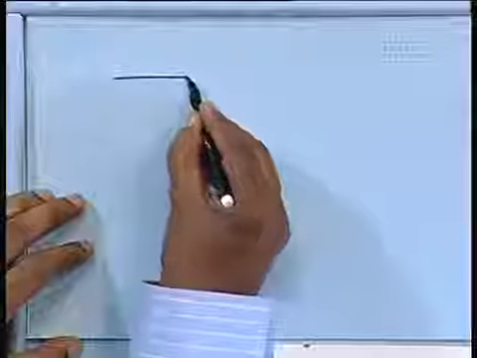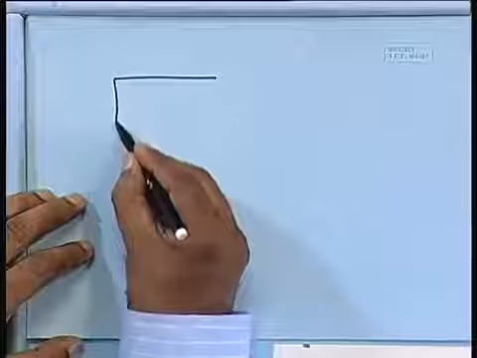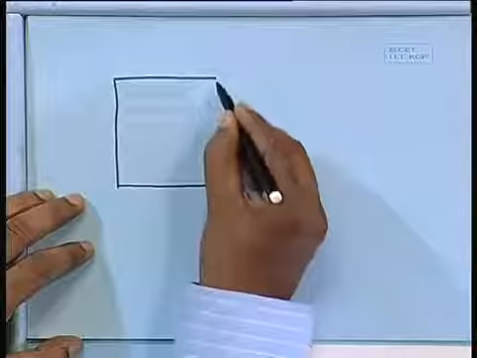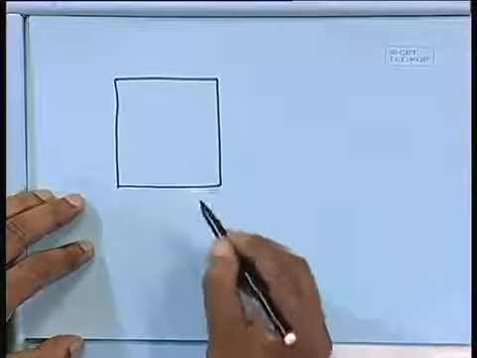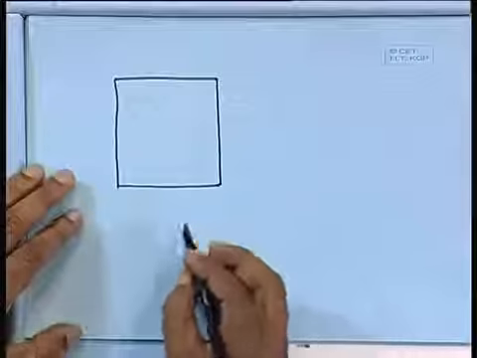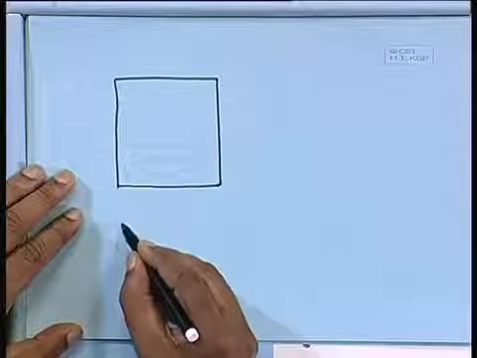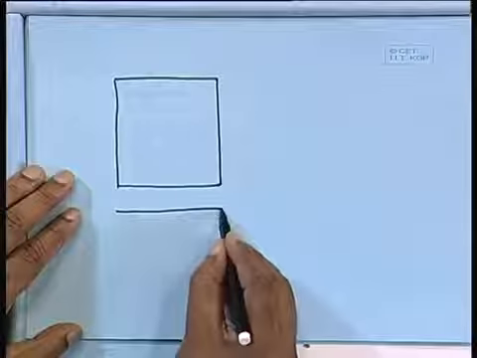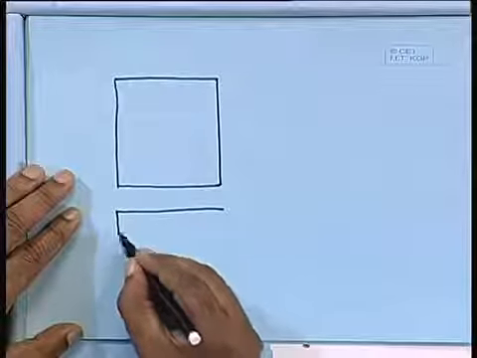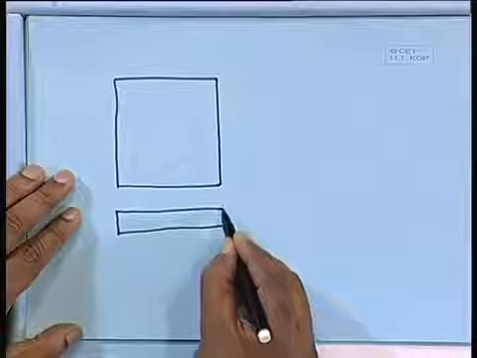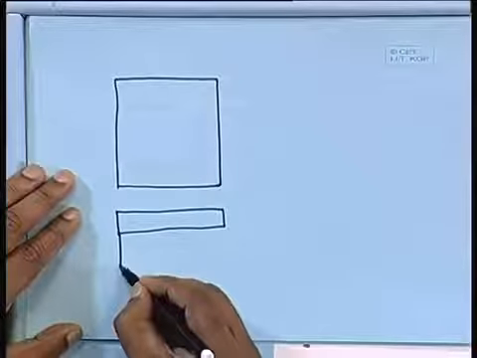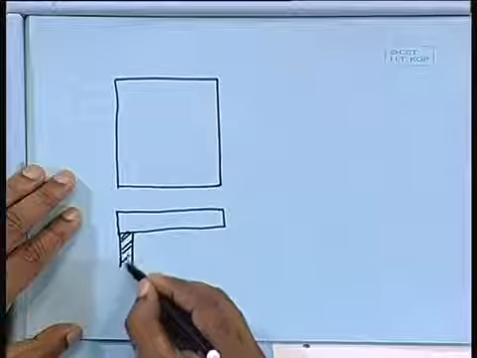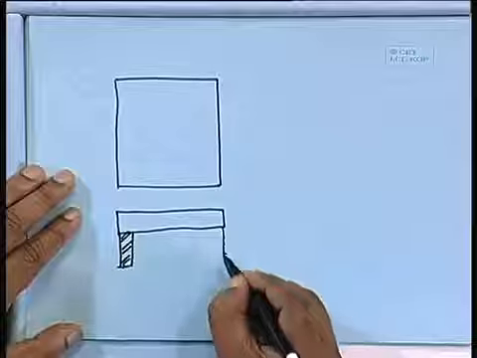Let us take, this is your one panel for which we are considering. And as our problem says, this is the beam, slab supported over masonry wall in both sides.